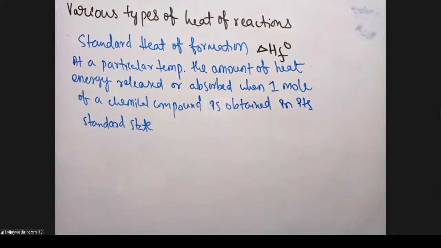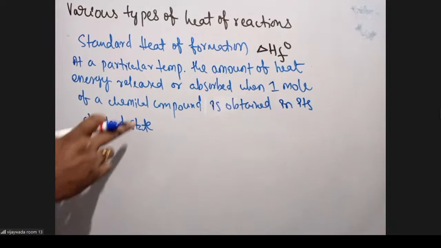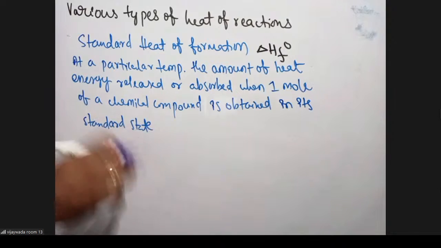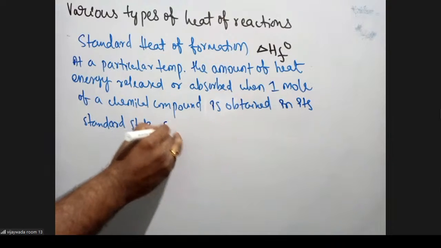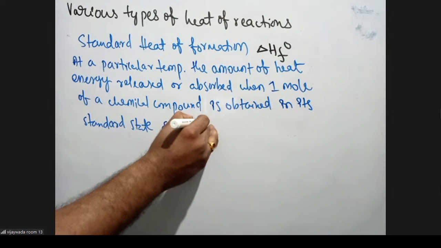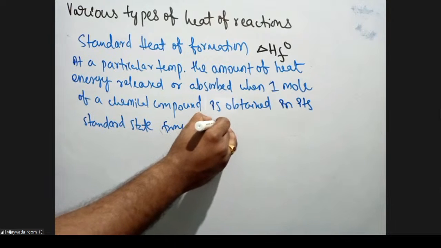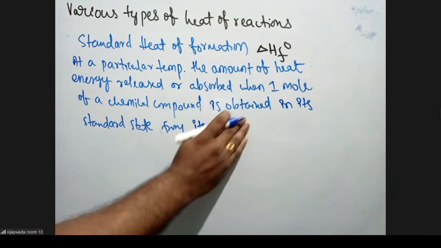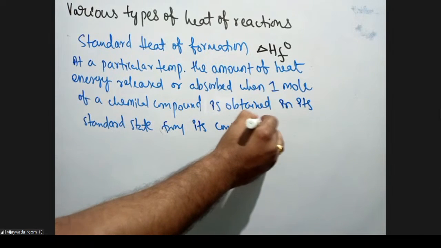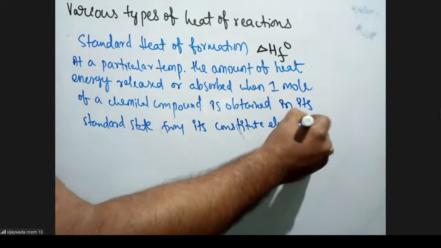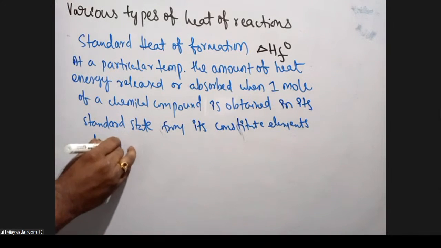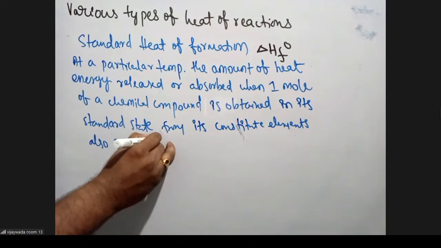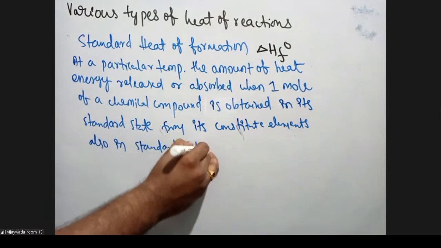So the meaning is different here, students. For heat of formation, a chemical compound is obtained. But for standard heat of formation, the chemical compound is obtained in its standard state from its constituent elements also in their standard state.